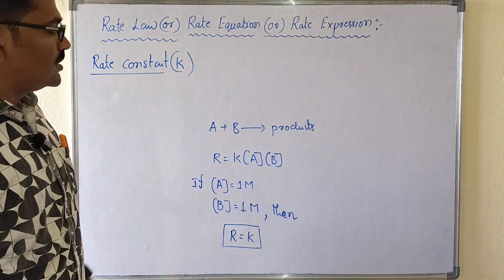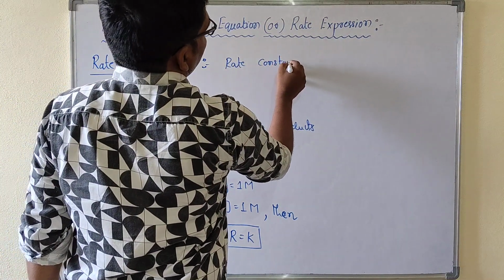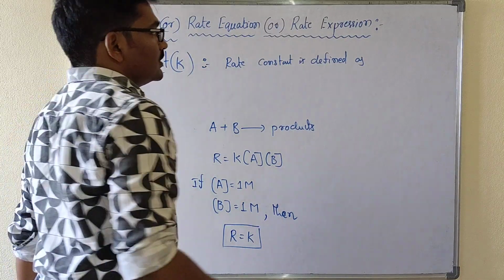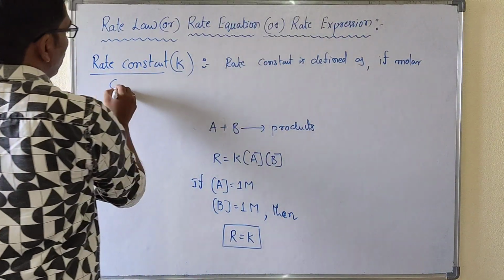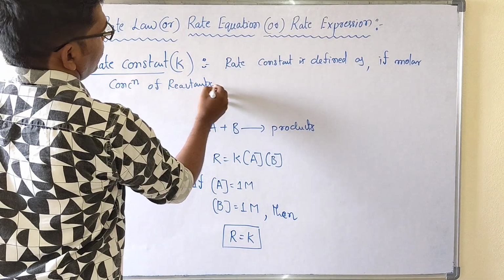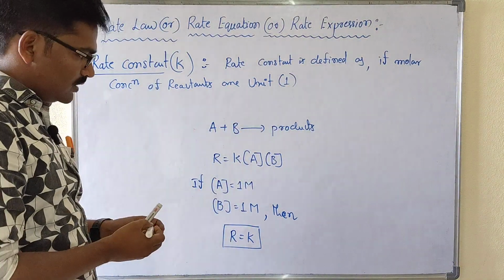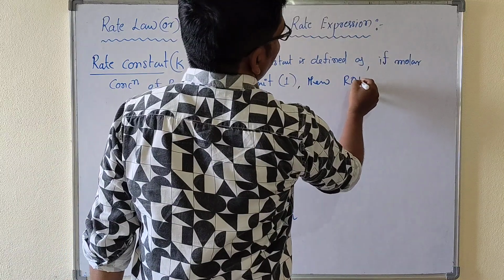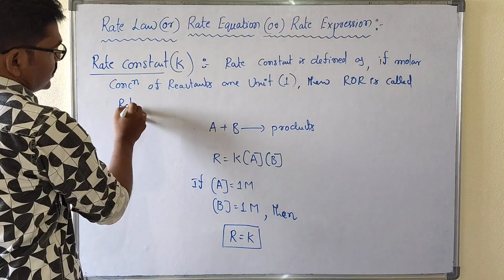So how do we express this? The rate constant is defined as: if the molar concentration of the reactants is unity, nothing but 1, then the rate of reaction is called the rate constant.